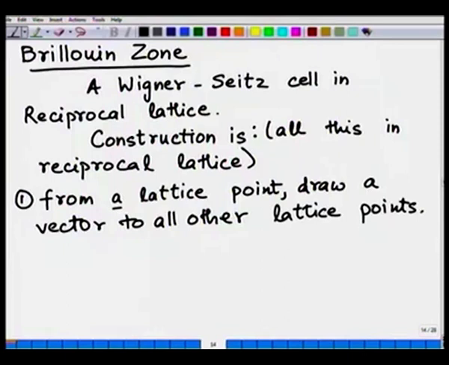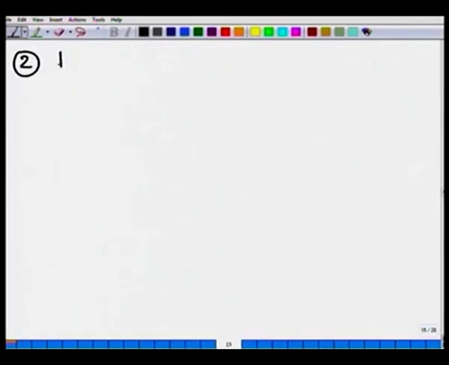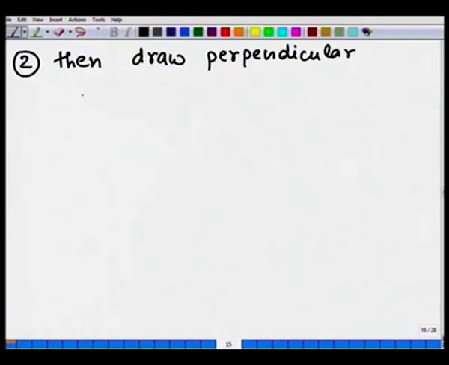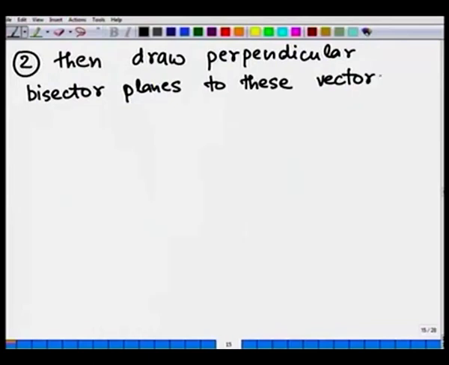So, from a lattice point, draw a vector to all other lattice points, infinite number of vectors like this, then draw perpendicular bisector planes to these vectors, again infinite number because infinite vectors are there.